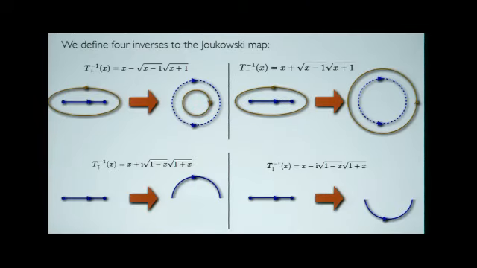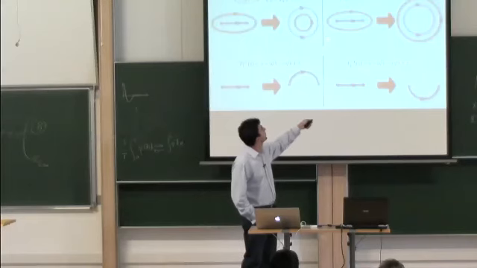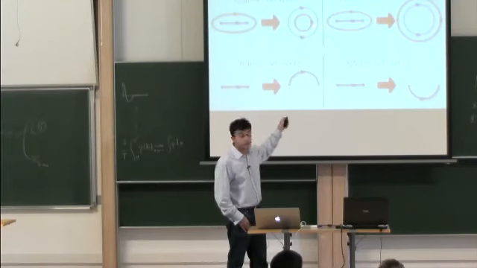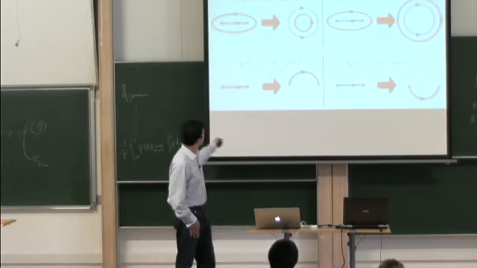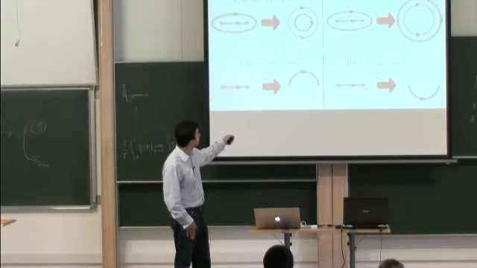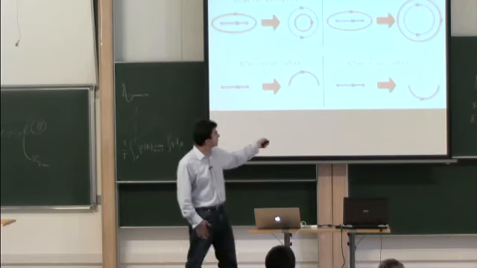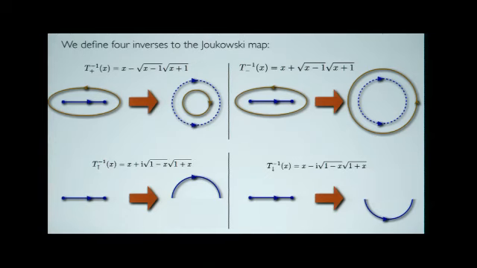And then we have four inverses. One maps the slit plane to the interior of the circle, the other to the exterior. And since we want to evaluate on the branch cut itself, we need reliable maps on the branch cut. So we have two more maps, one to the upper half circle for values on the interval and one to the lower half circle for values on the interval as well.